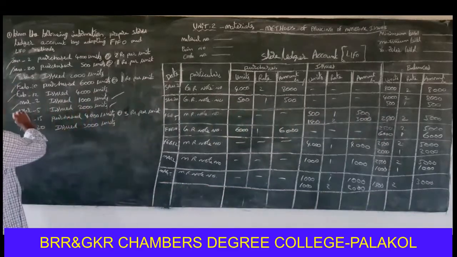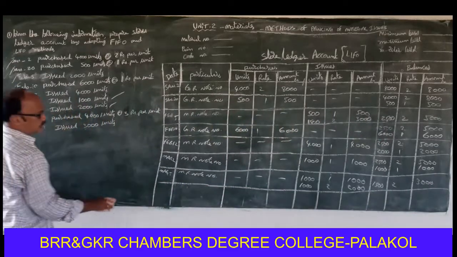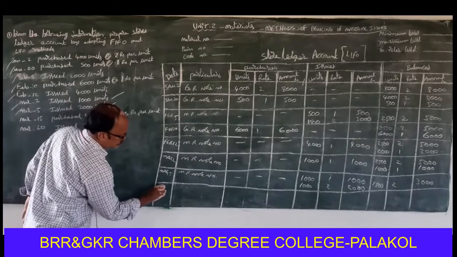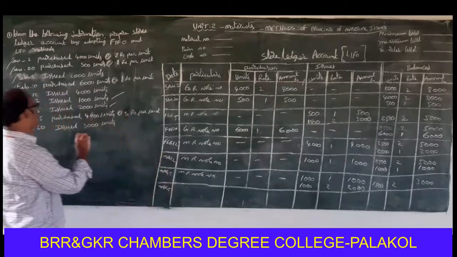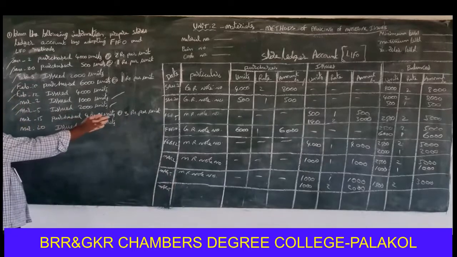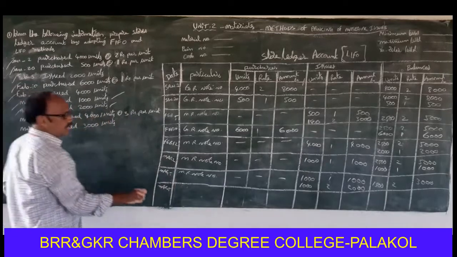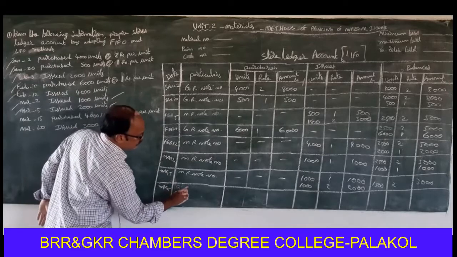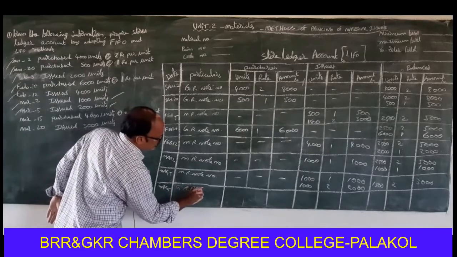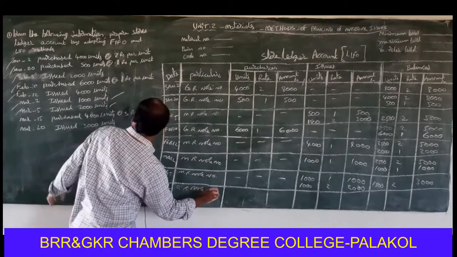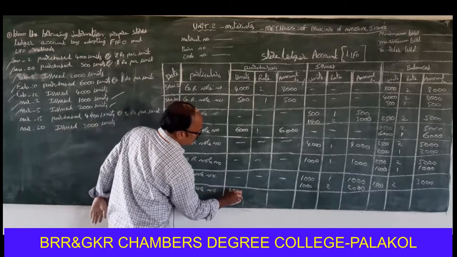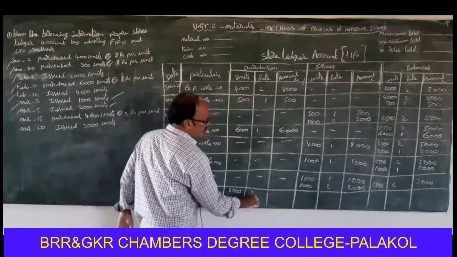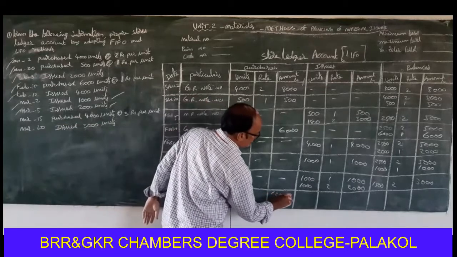Next, March 15th. Purchased 4,000 units at the rate of 3 per unit. That's why goods received note number. How many units purchased here? 4,000 units at the rate of 3 rupees per unit, 12,000.